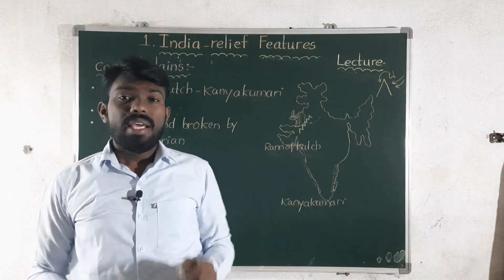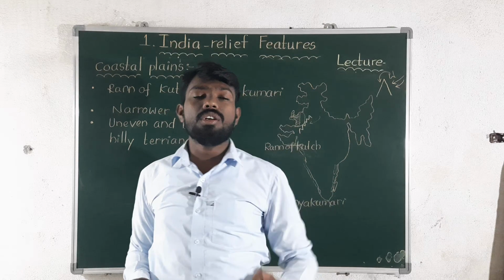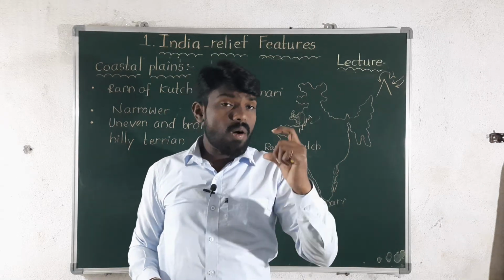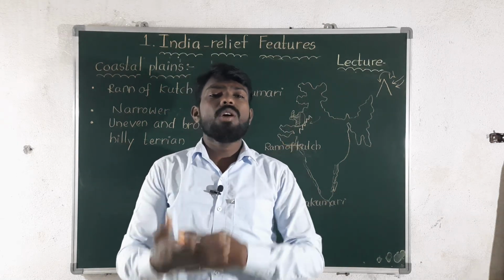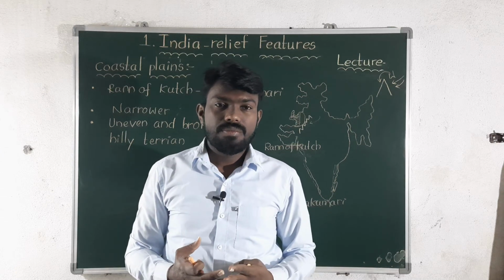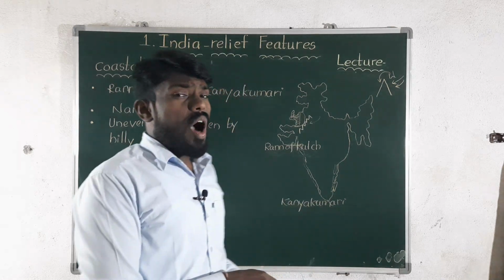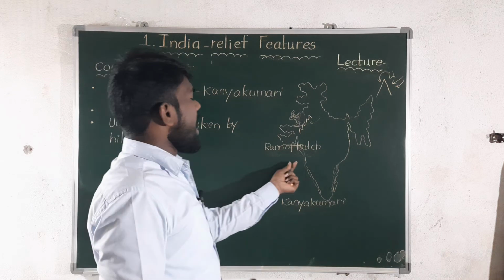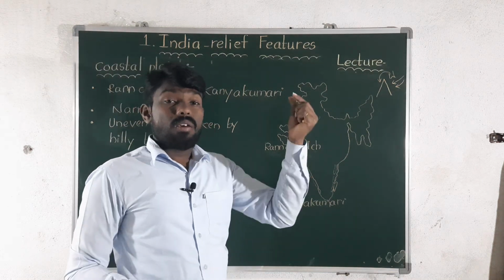Now, next point: the western coastal plains can be divided into 3 divisions. The first is the Konkan Coast.